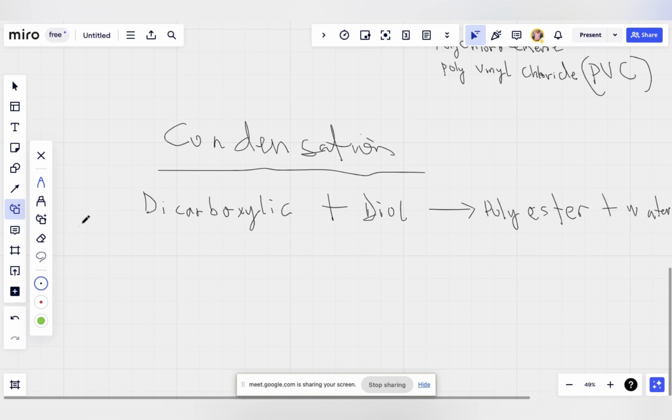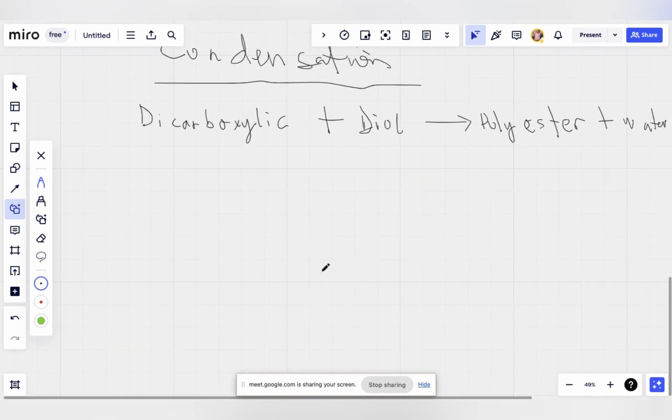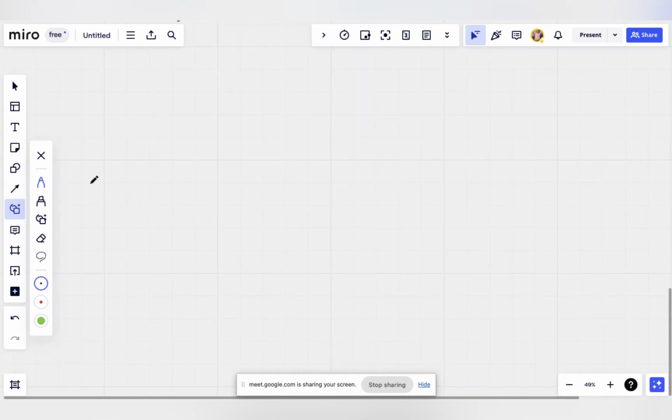And then another example we can have for condensation polymerization is dicarboxylic acid and amine.